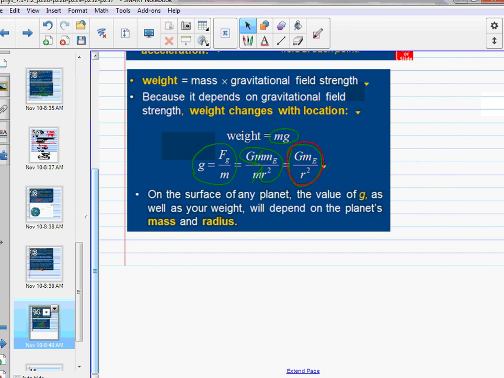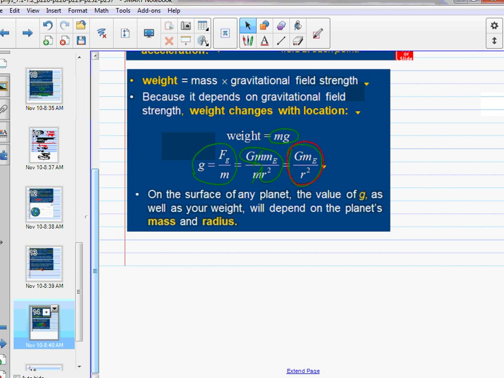So it's not only mass that affects it. The moon's mass is less, but so is the radius of the moon. So the moon is not 1/6 the mass of the Earth. It's more than 1/6 because we're also reducing the distance there. Very good. So you passed conceptual challenge number 1.